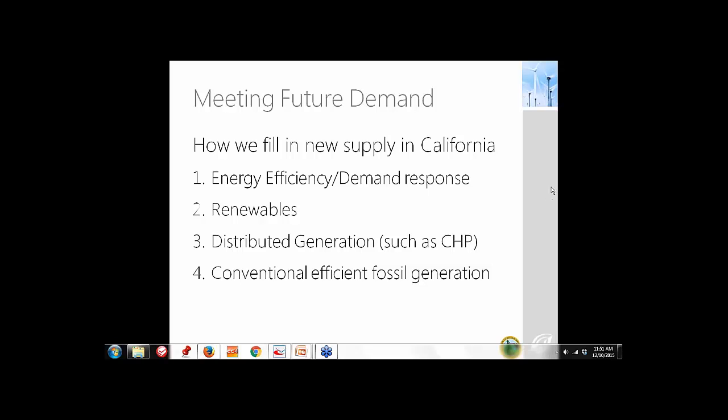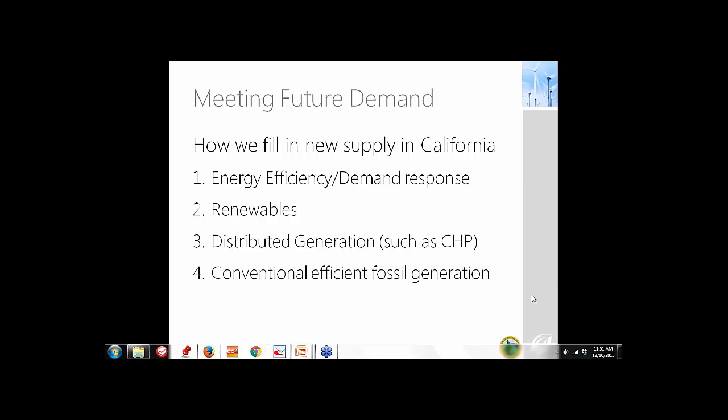The second way to fill in this new supply that will be needed is through renewables. So instead of reverting to a new power plant, really promoting solar or other types of renewables on houses so that people are providing their own energy.